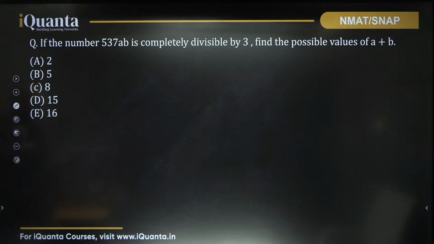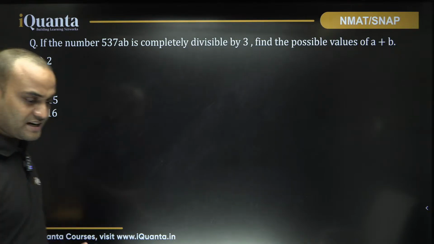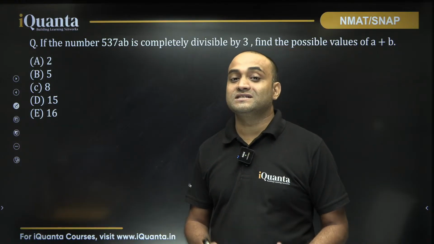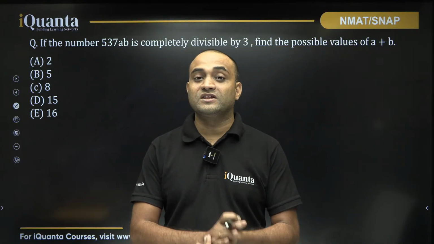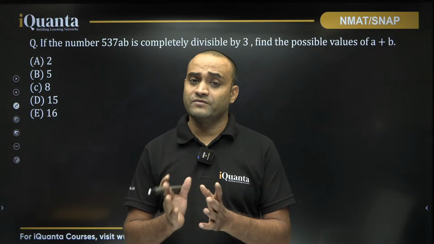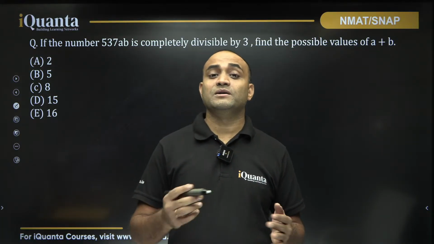Divisibility rule by 3, this should be a very easy question, right? What do we know about the divisibility rule by 3? That the sum of the digits of the given number should be divisible by 3, or in other words, the sum of the digits should be a multiple of 3.